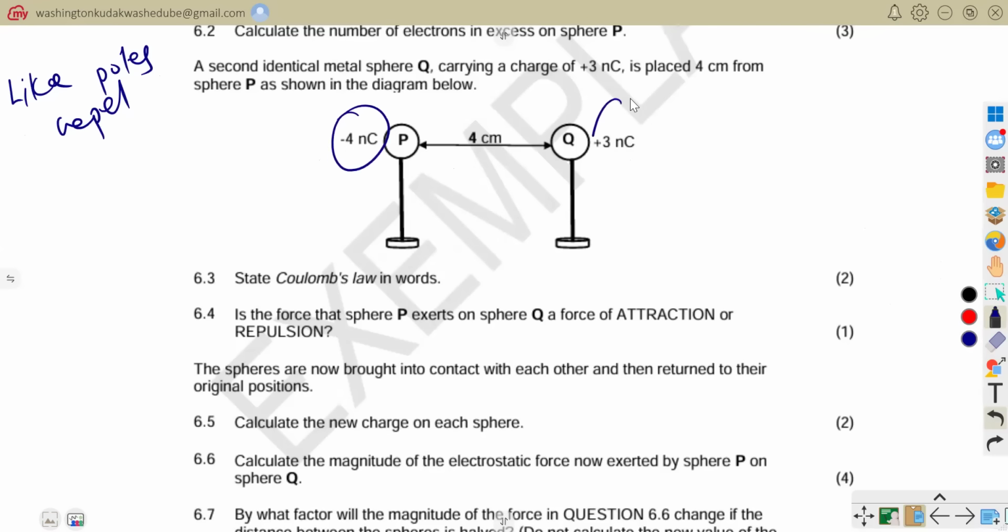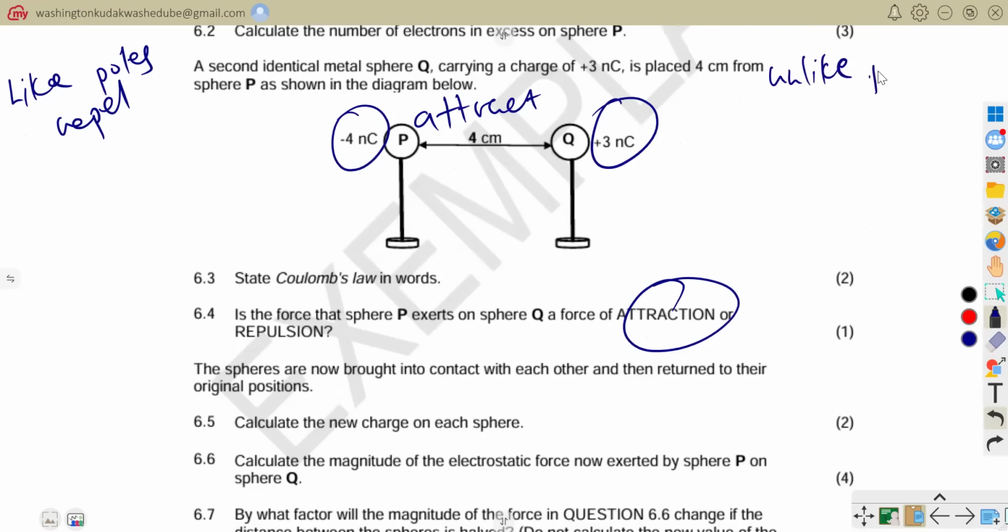Here we've got a negative and a positive. Therefore, they would attract. So the force here is a force of attraction, because we have unlike poles.